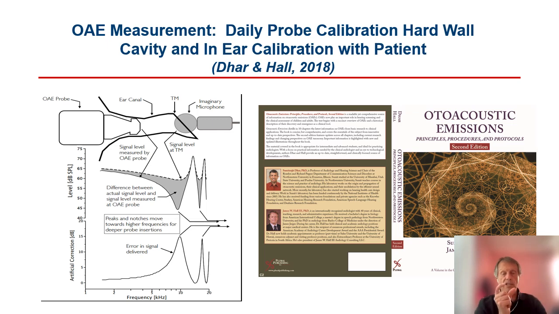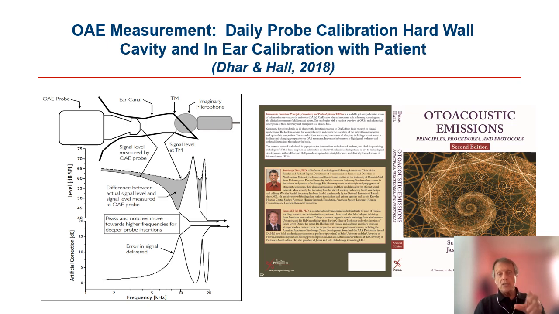Probe assemblies get bumped and jostled and sometimes can fall out of calibration. So it's very important to verify that the probe is calibrated. I've co-authored a textbook with a colleague, Sumit Dar. We have a whole chapter on calibration in this textbook. It's a very, very important part of OAE measurement.